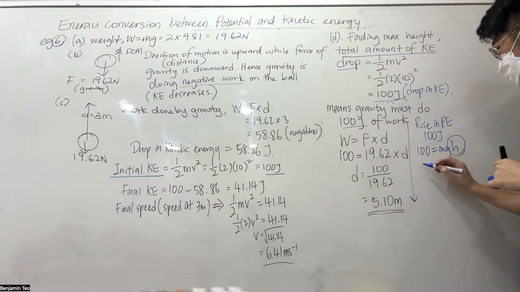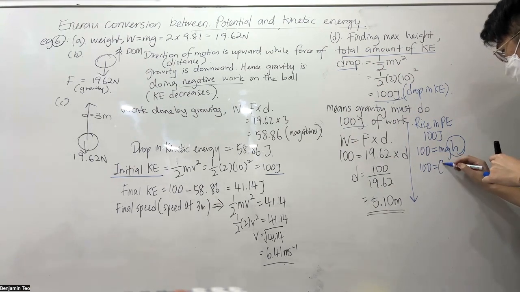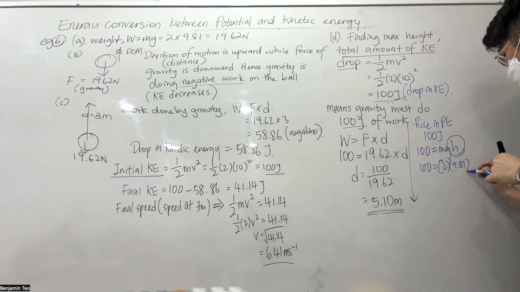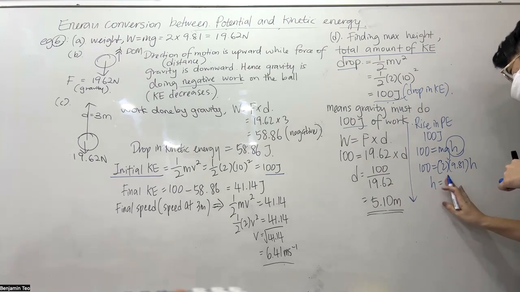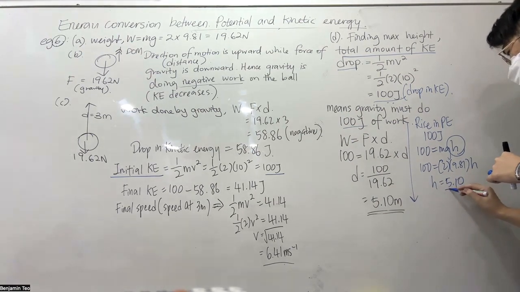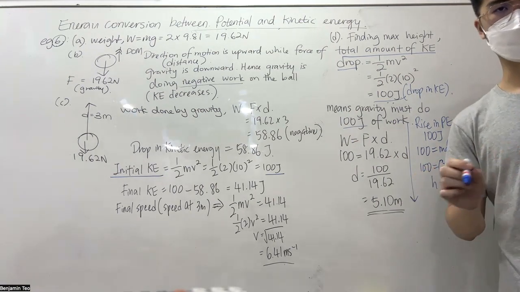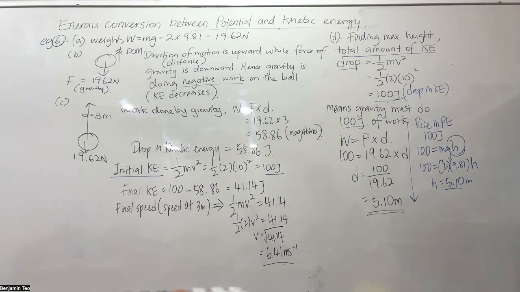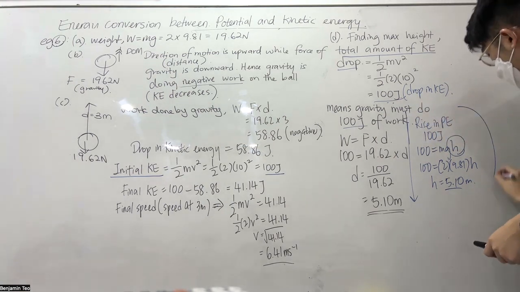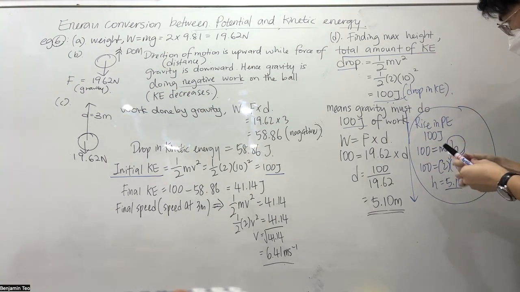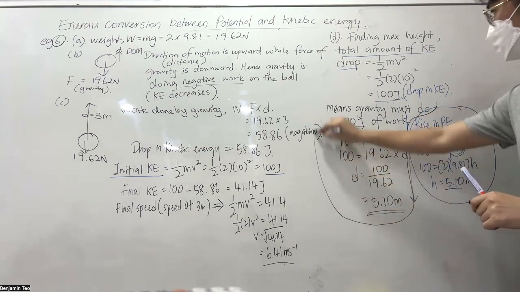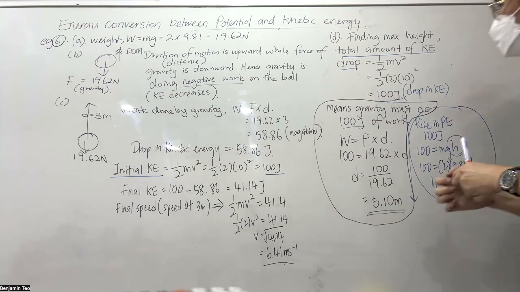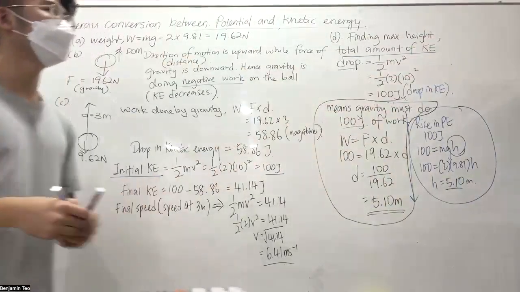From here you find the h. mg is 2, divide, h is 5.10 meters. This one or this one, you still get the same answer.